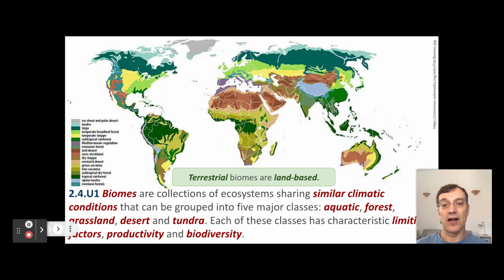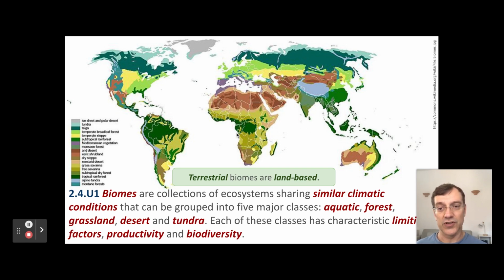The other type of biomes that you should know about, and which most people think about, are terrestrial biomes. Terrestrial simply means they're land-based. You wouldn't be expected to know this map in this degree of detail, but there are some broad patterns that you should know about. This dark green zone that you find here in South America, in Africa, and across all of the islands in Asia, this is a band of tropical rainforest.